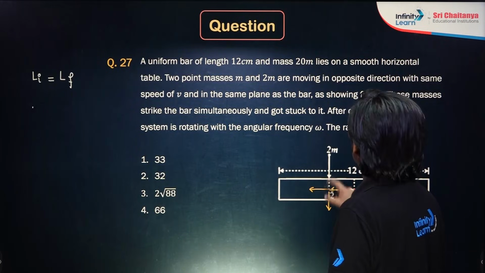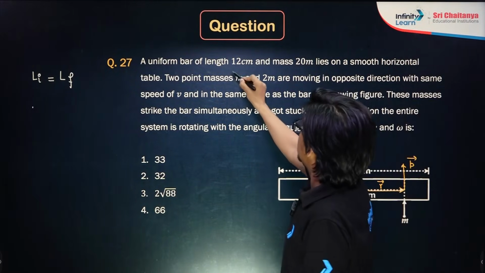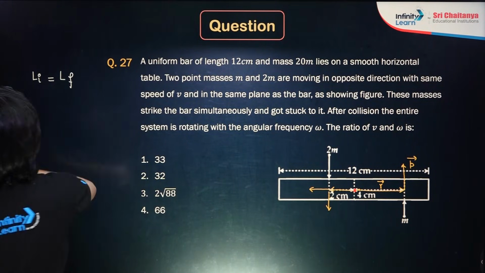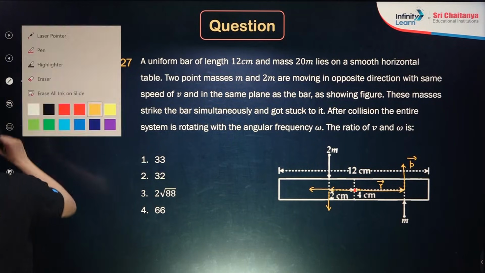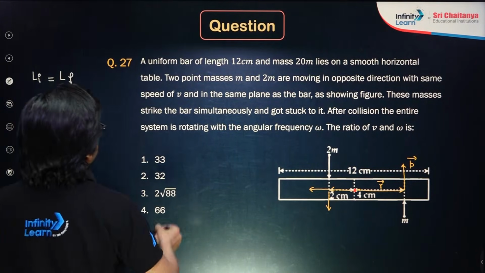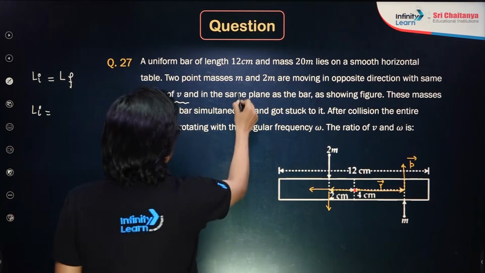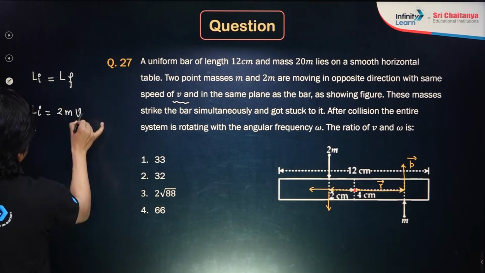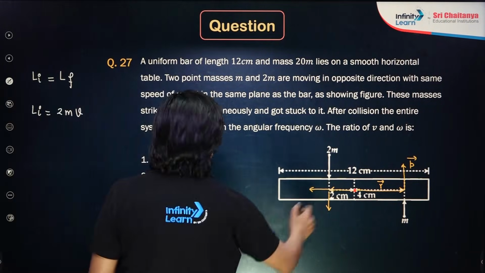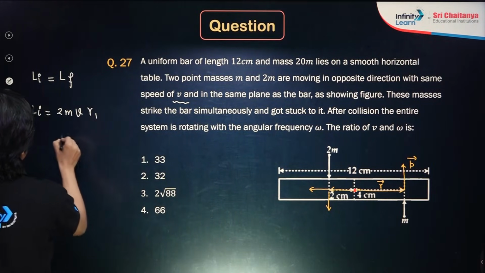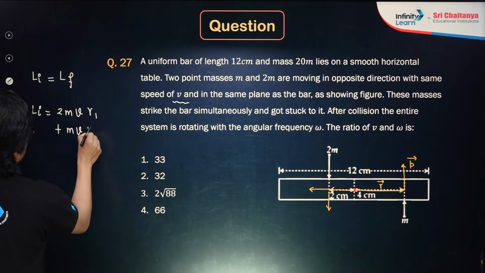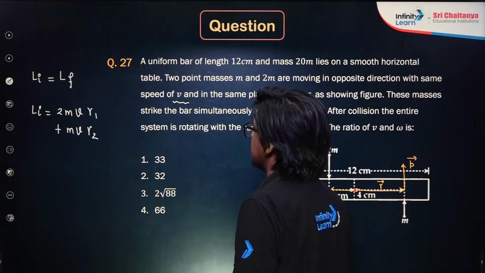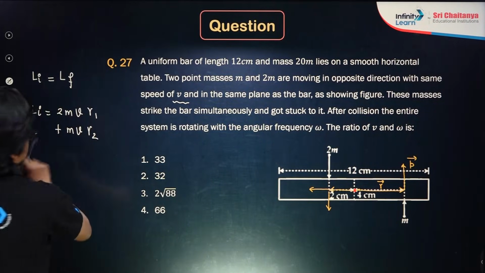So the initial angular momentum is equal to, speed is v, one is 2m, so you can write 2m into v, and let me call this distance initially as r1, plus m into v into r2. What is that r1? r1 is equal to 2 centimeter. What is that r2? r2 is equal to 4 centimeter. So this is the initial angular momentum.